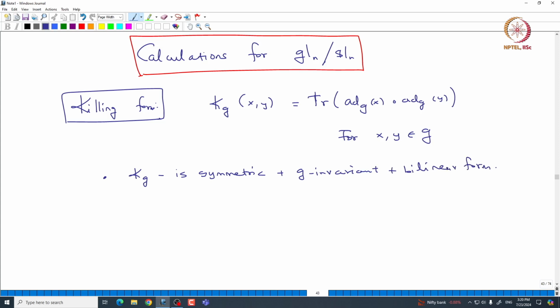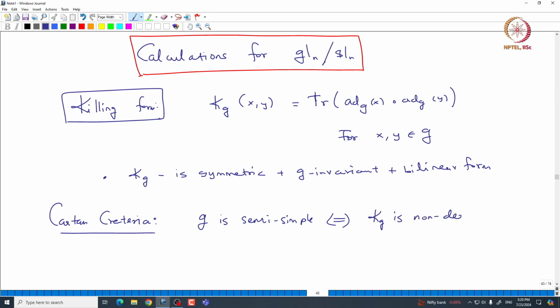The Cartan criterion tells you that G is semi-simple if and only if the Killing form is non-degenerate.